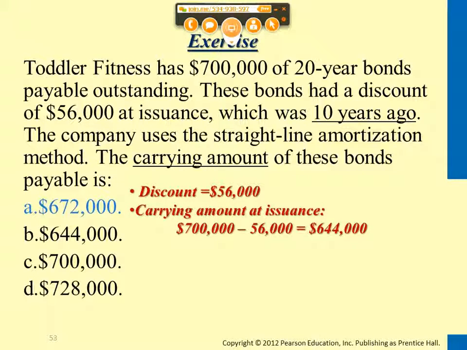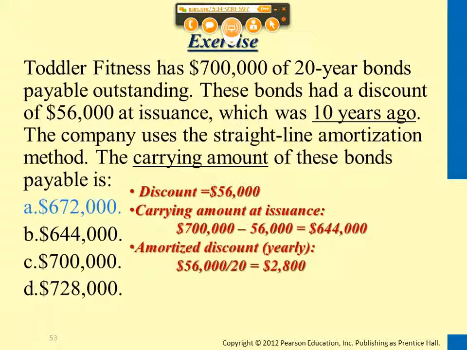So first step, calculate the original carrying amount, $644,000. Then you calculate on a yearly basis the part of the discount that you spread, that you add to the bond's value. So that will be $2,800, meaning every single year, $2,800 of discount will be reduced.